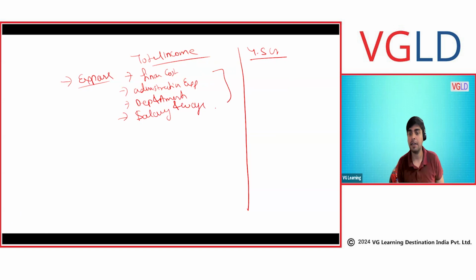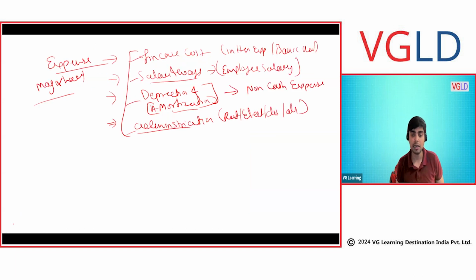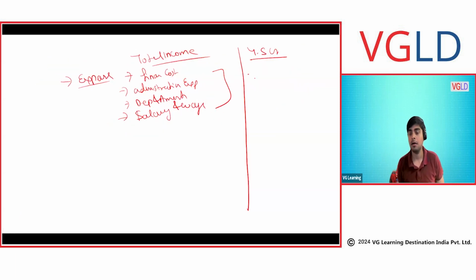Okay. After including these heads, let's say this total comes out to be 2.5 crore. So you will have a profit before tax.